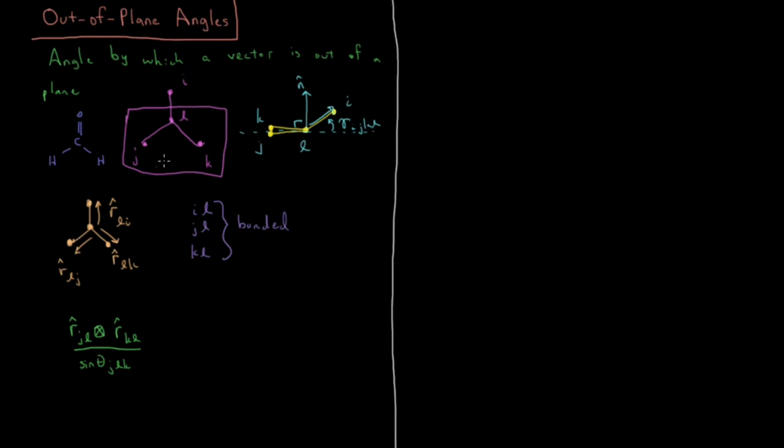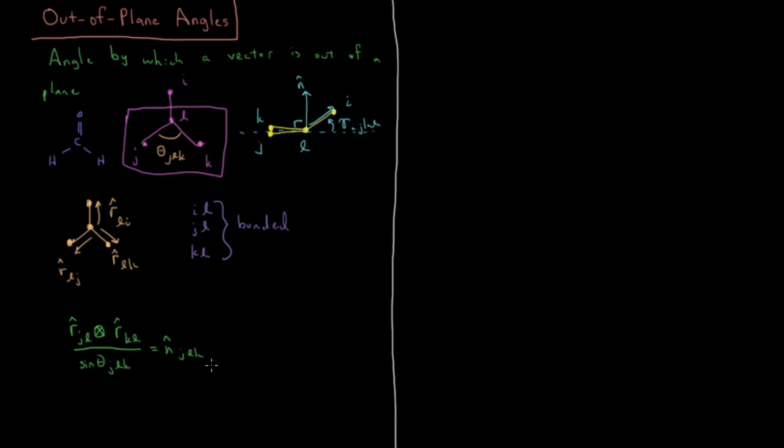That's another quantity in here, theta JLK. It just normalizes this cross product to make sure the cross product is also a unit vector. That quantity is going to be n hat JLK, as we've defined up here, the normal vector perpendicular to the plane.